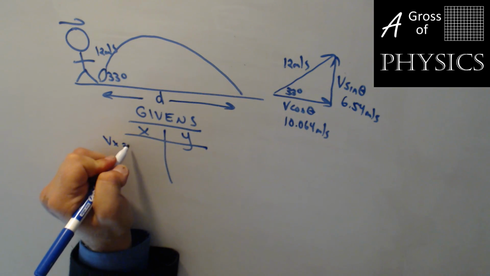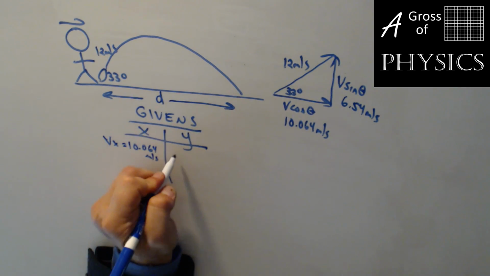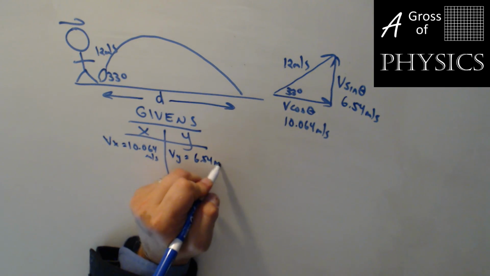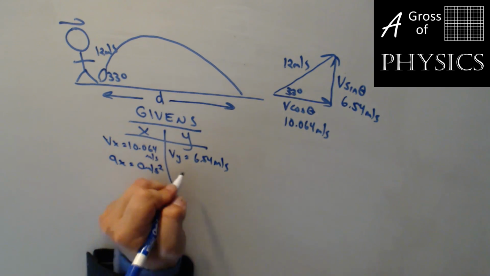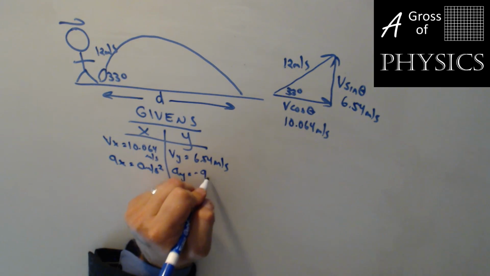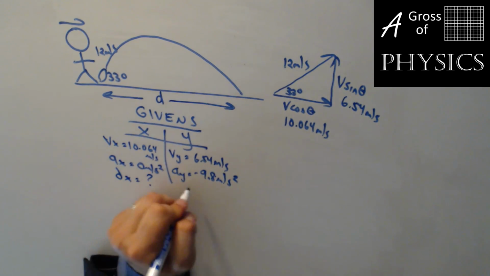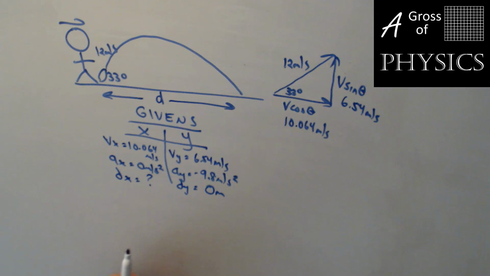Vx is 10.064, Vy is 6.54, ax still 0, ay still negative 9.8, dx is what we're looking for, and dy is 0, since it lands at the same height.